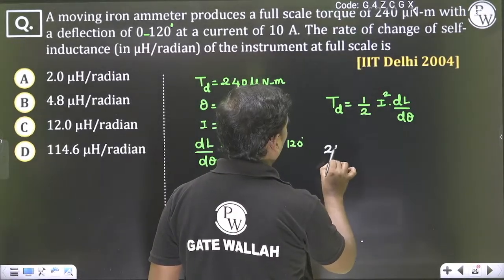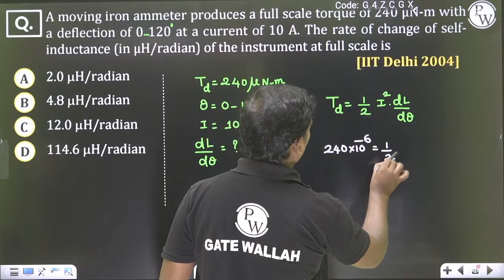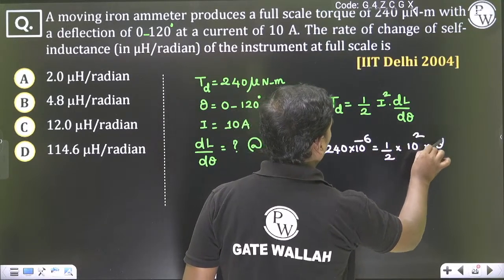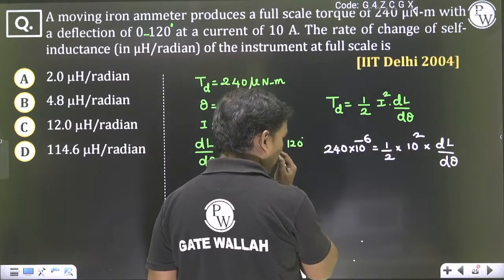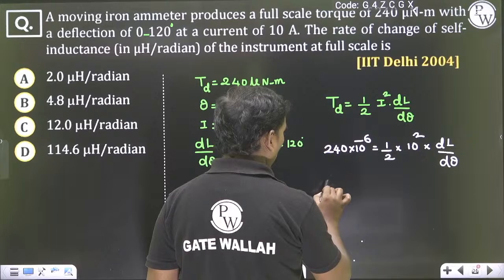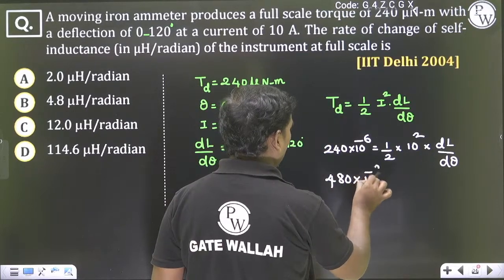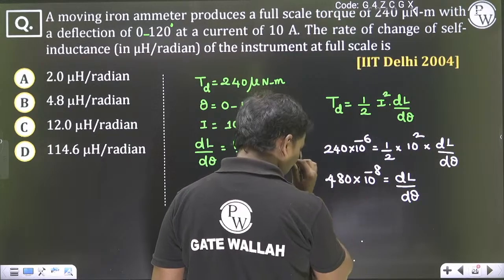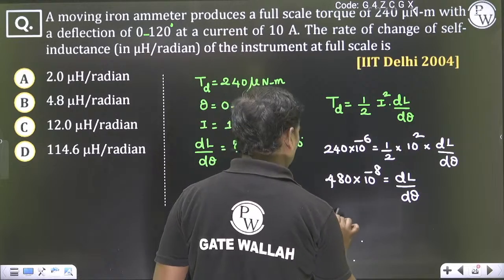Deflection torque is 240 into 10 power minus 6, this is 1 by 2 I square, that means 10 square, and this is dL by d theta. So 480 into 10 power minus 6 by 100, that is 4.8 into 10 power minus 6.